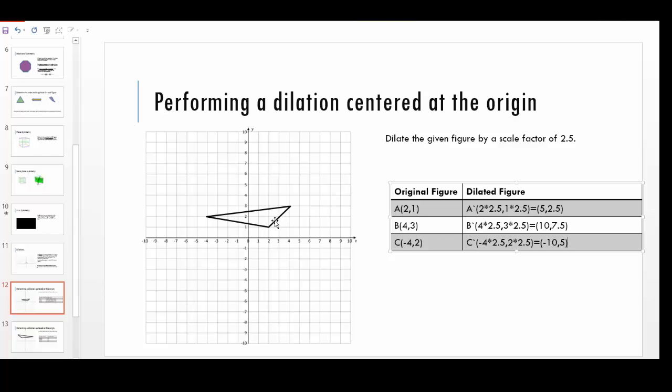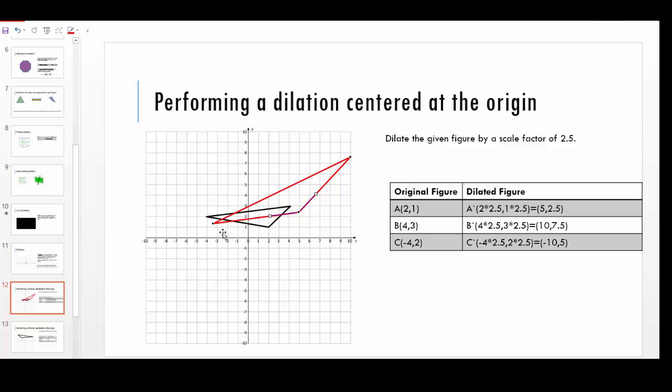So now we're going to graph this in a pretty nifty way. Duplicate this triangle. We're going to change the color to red, and we're going to edit the points. So now point A should end up at 5, 2.5. Actually, we're going to move B first. B should be at 10 over and 7.5 up, so close to here. A should go to 5, 2.5, so right here, close enough.